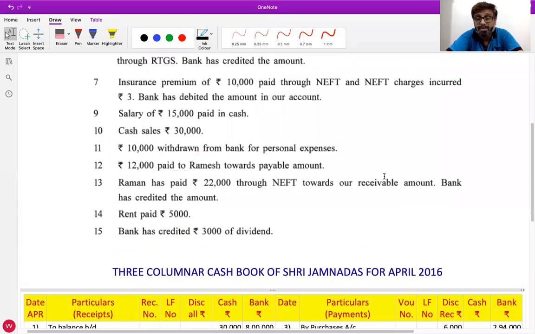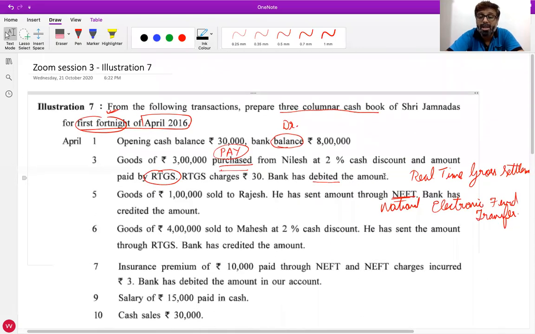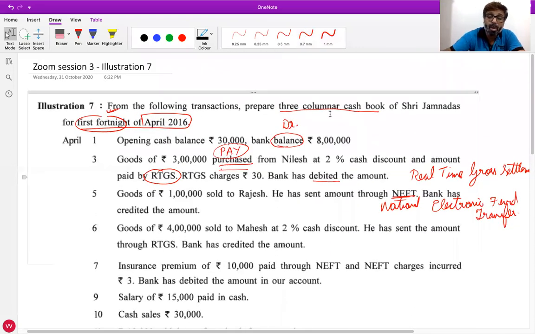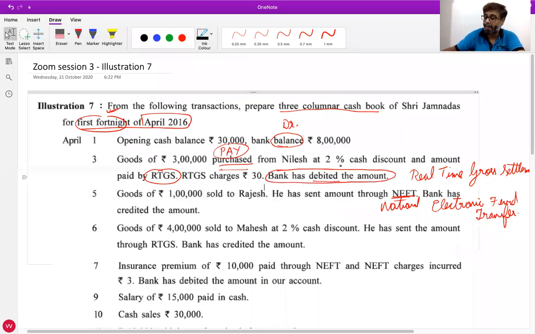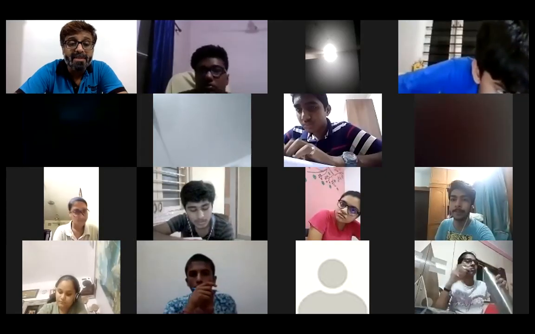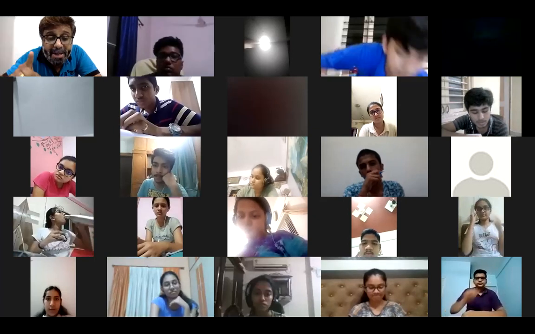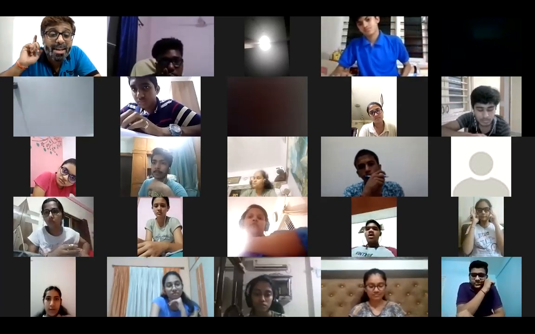Okay. Now one shortcut all of you remember. Read it again. Bank has debited the amount. See, whenever they say bank has debited, you write on the credit side, the opposite side.